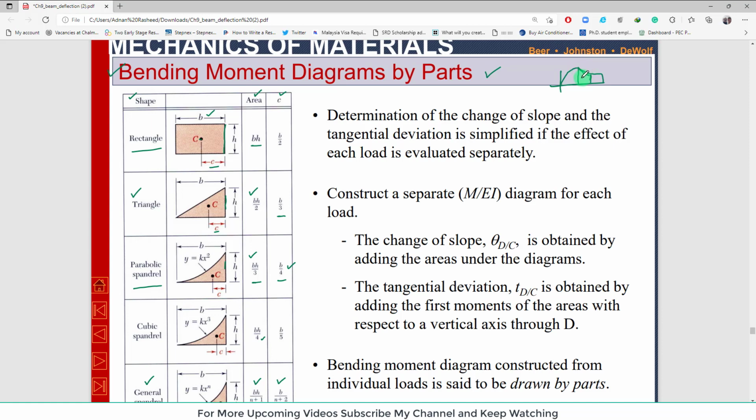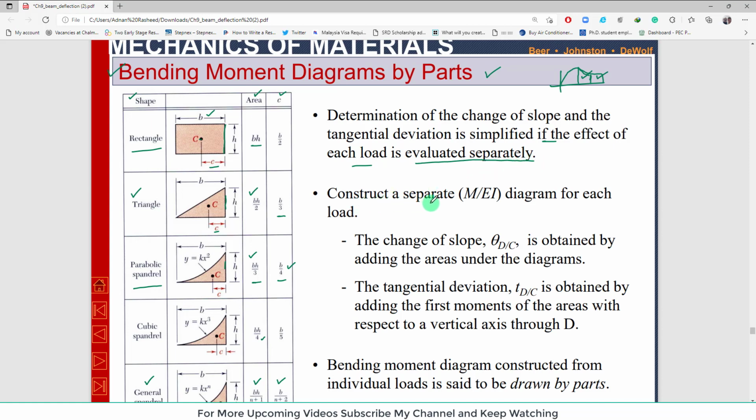So we will divide the bending moment diagram into parts, and then we will add them. You will also see this in the upcoming problem. Determination of change of slope and tangential deviation is simplified if the effect of each load is evaluated separately.